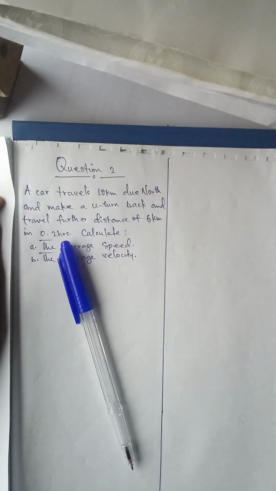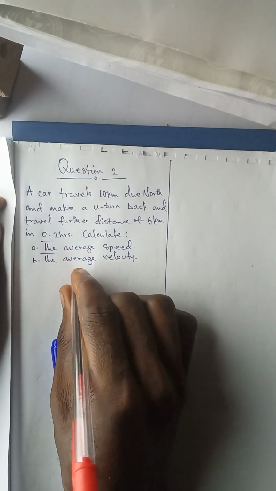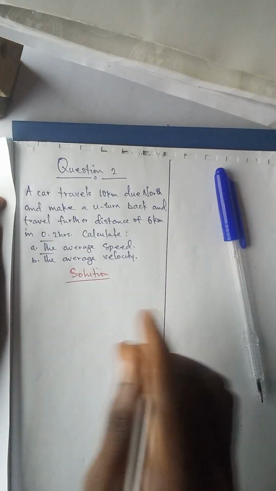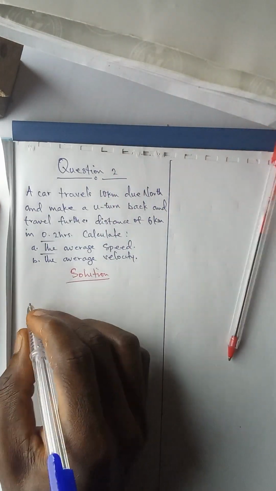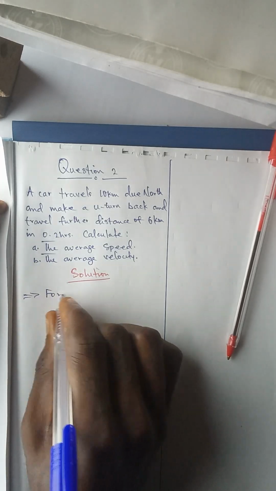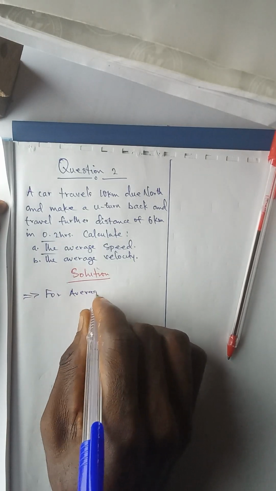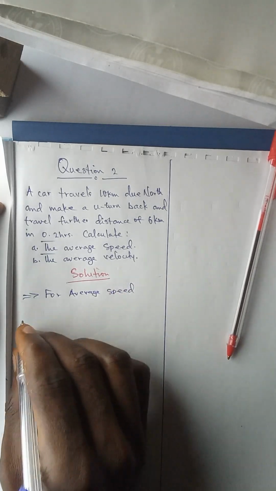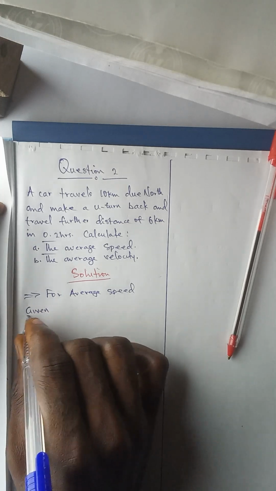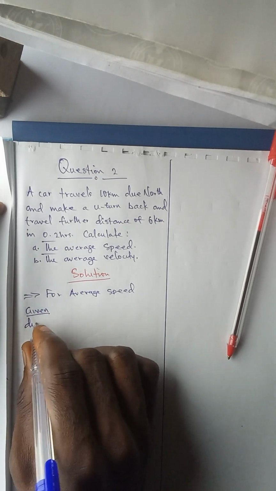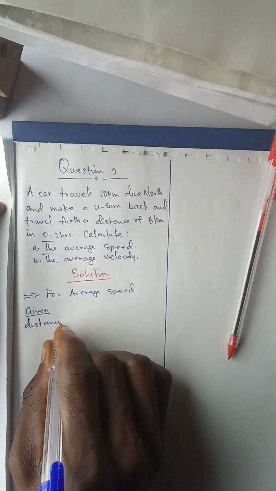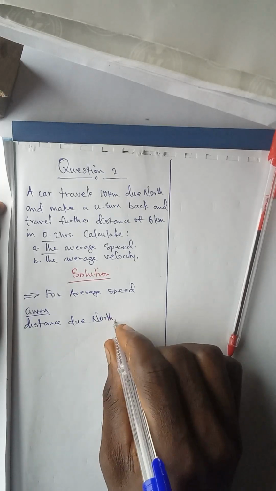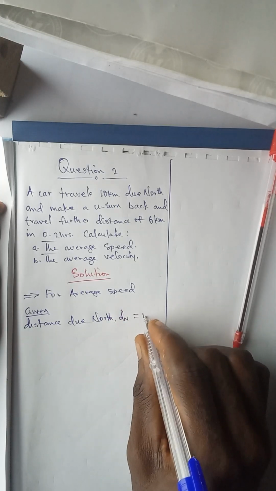Now, solution for average speed. Given, let's say distance due north, I can call it dn equals 10 kilometers.